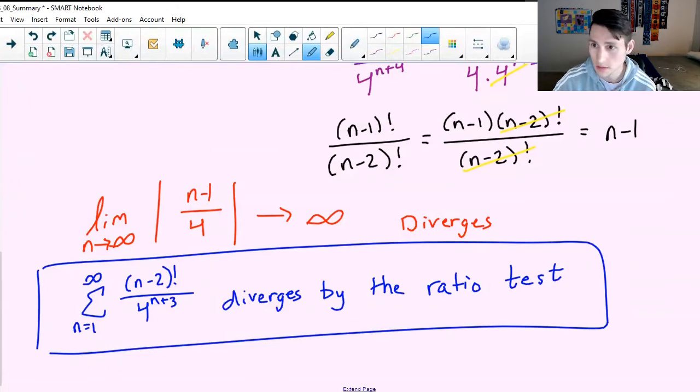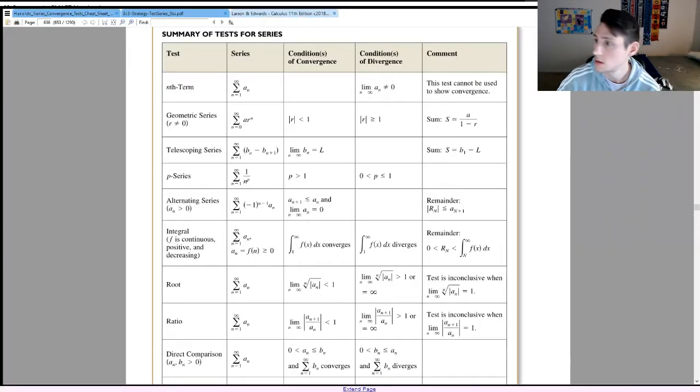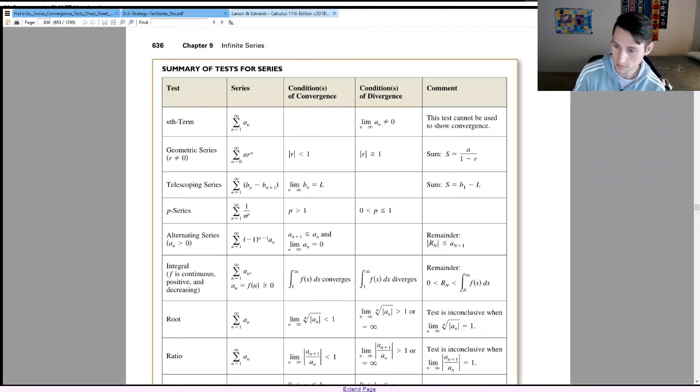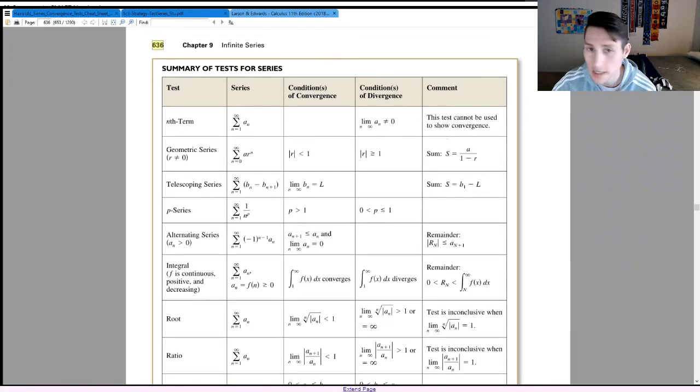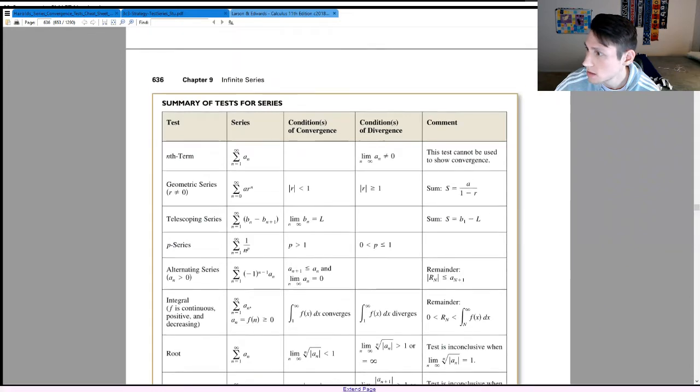One of those documents. Okay, and that is this. So this is page 636 from your book, right? And as stated, it's a summary of tests, so that's nice.